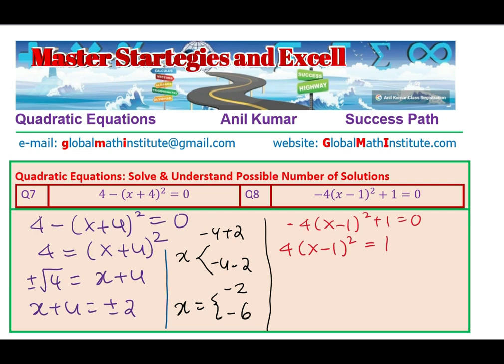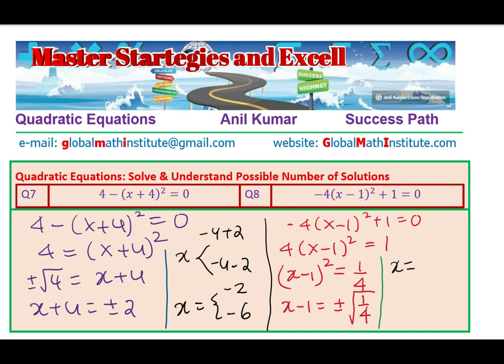Both are equal. So I could write it on either side. Now, this leads to fractions. You see that? We have (x minus 1) whole square equals 1 over 4, or x minus 1 equals plus and minus square root of 1 over 4. Do you get it? So it's a unique example in itself, and we do get two solutions once again.